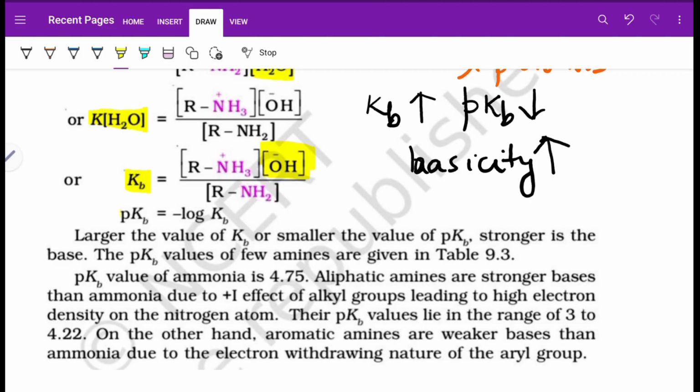So pKb is equal to the negative logarithm of Kb, hence pKb and Kb have an inverse relation. So larger the value of Kb, smaller the value of pKb, stronger is the base. That is what we have seen just now.